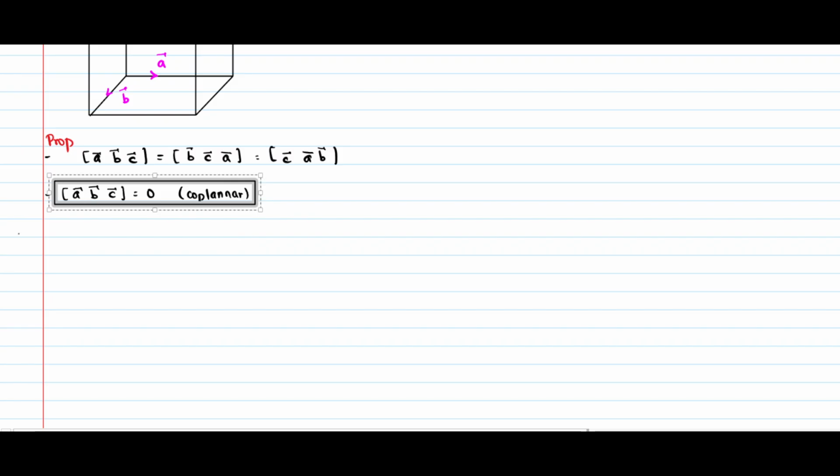this is the way. Now we talked about the scalar triple product, and now let's talk about the vector triple product. Since in vector multiplication of two vectors, you can get a scalar and a vector result, similarly in triple product, you can also get a scalar and a vector product.